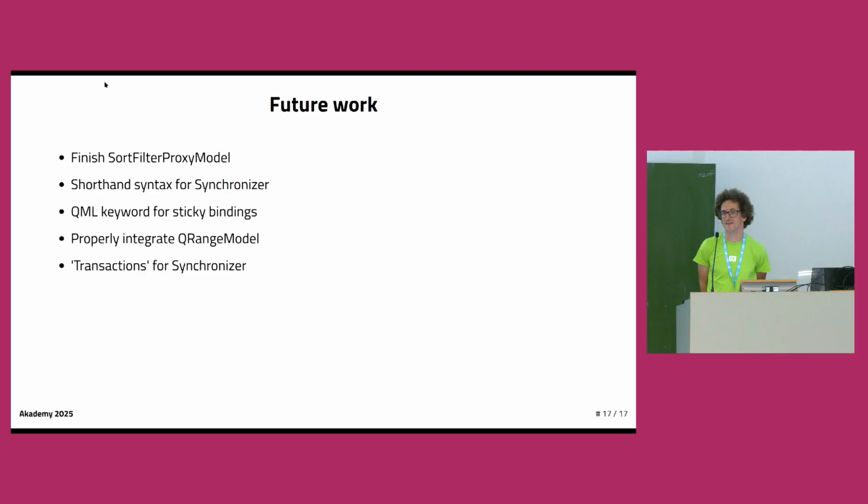And then the most urgent thing is what to do with this whole QRange model and propagating changes back out of views thingy. And then, if you have asynchronous properties that take some time to actually react, what should Synchronizer do with those?